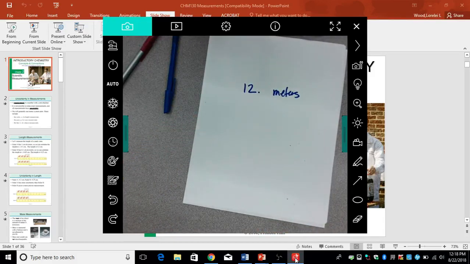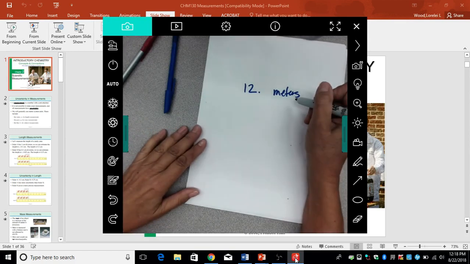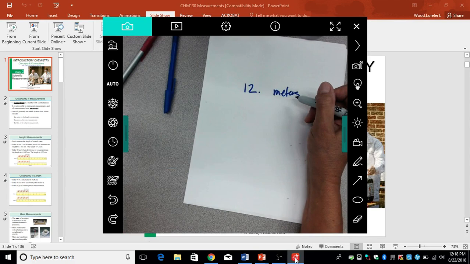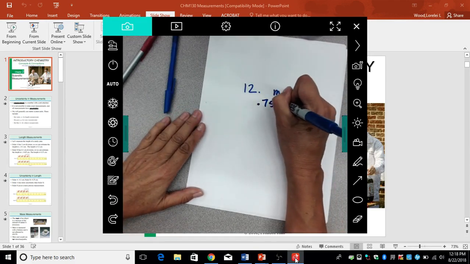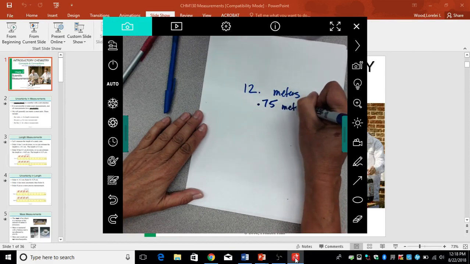But then I have to take my little ruler, and I'm going to add some numbers to that because my big ruler doesn't have any divisions on it. It only has like one big chunk of a ruler, right? So I have 12 meters, and I measure with my little ruler, and I say, okay, well, that's an additional 0.75 meters.